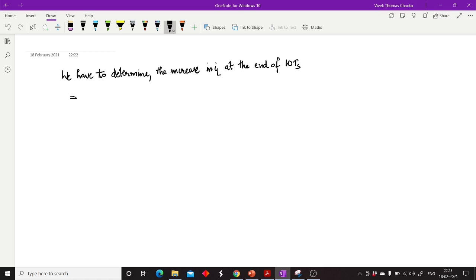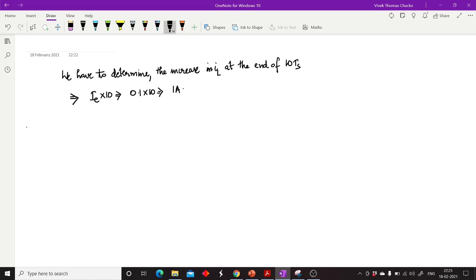Which will be nothing but the effective increase in inductor current during the first interval into 10. So it will be 0.1 into 10, which will be 1 amp.